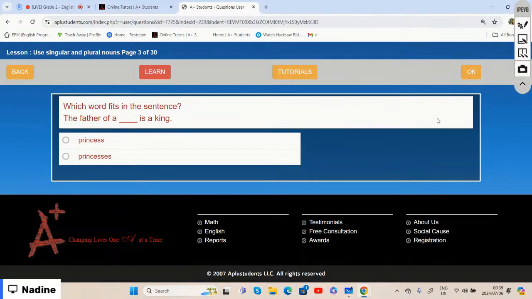The father of a princess is a king. Or do we say the father of a princess is a kings? Which one is correct? We need to choose the correct one.